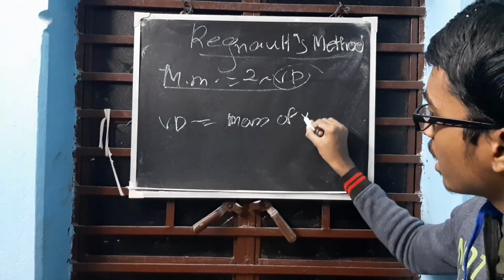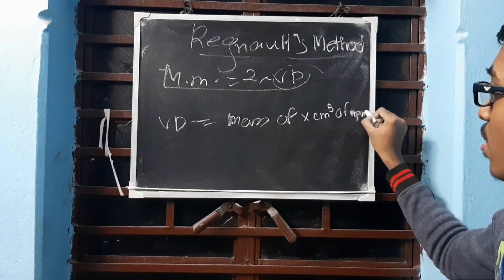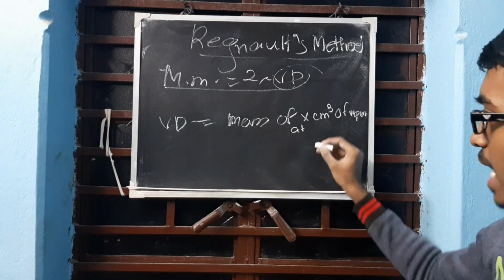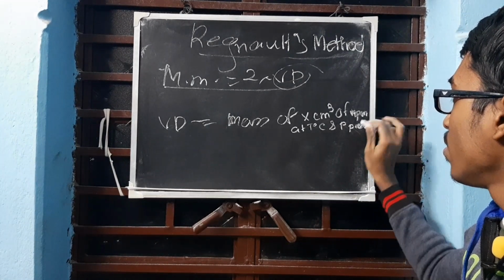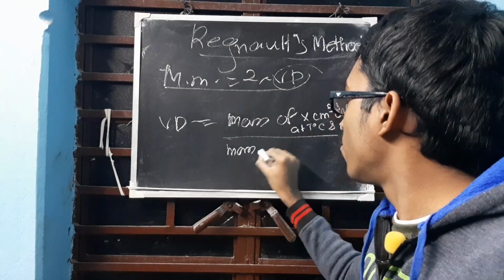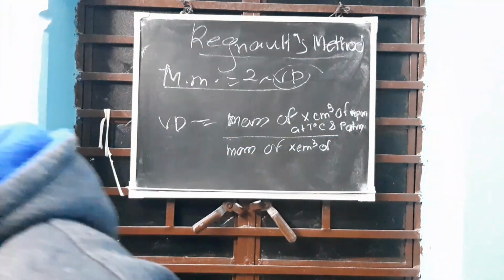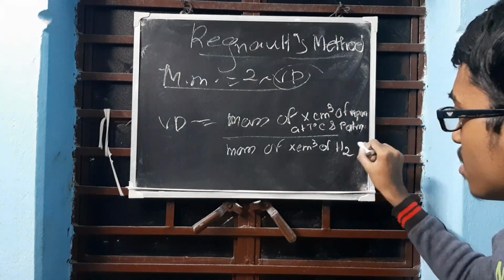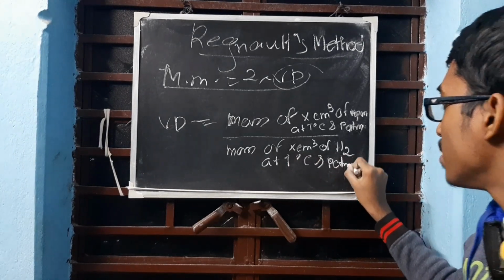Let us take x centimeter cube of vapor of a substance at some temperature, let us take T degrees Celsius and P atm pressure, divided by mass of x centimeter cube of which gas? Hydrogen gas. Correct. So mass of this hydrogen gas at T degrees Celsius and P atm pressure.